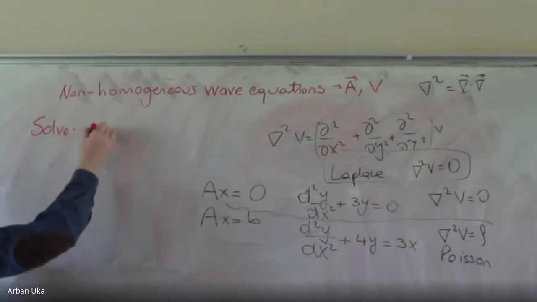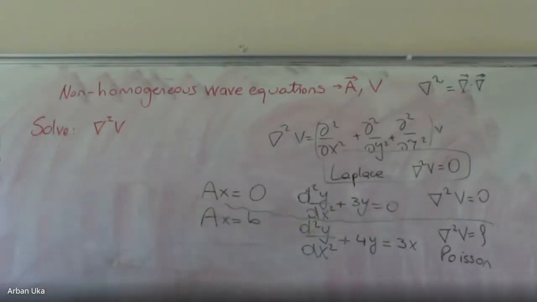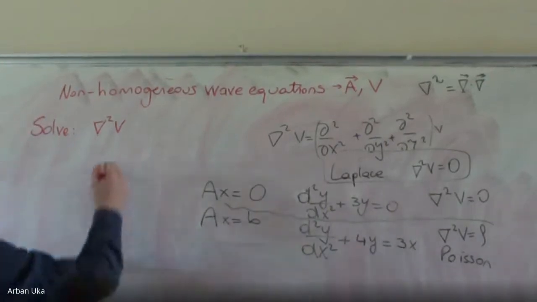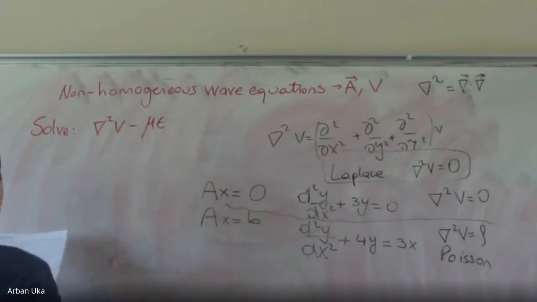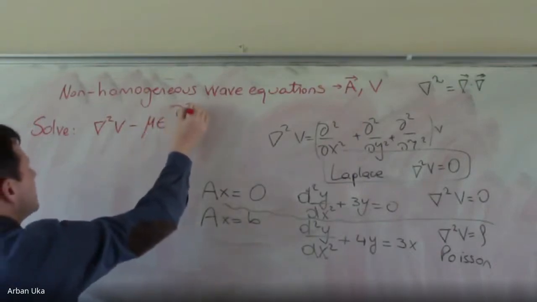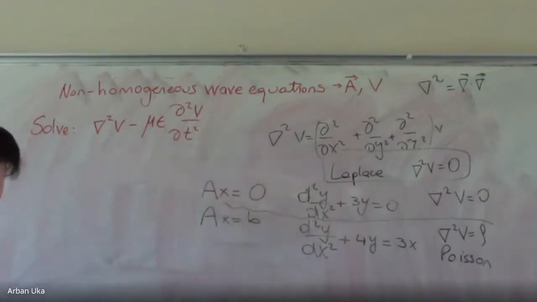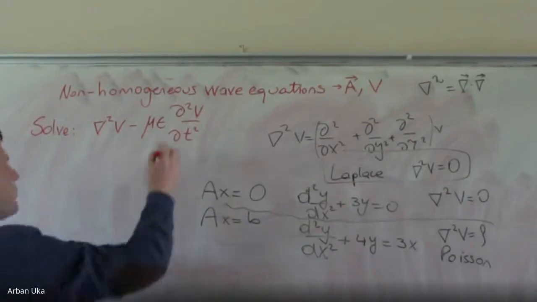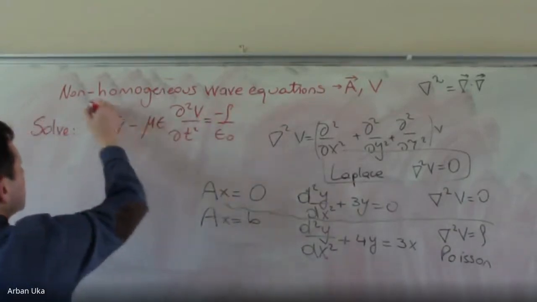We need to solve this equation: the second spatial derivative of the potential minus the permeability times permittivity times the rate of change of the potential as a function of time. This is equal to minus rho over epsilon 0, okay?